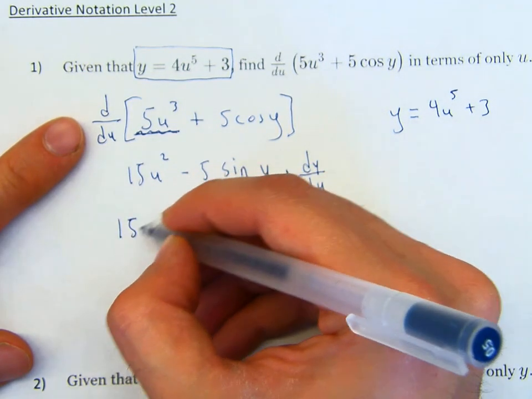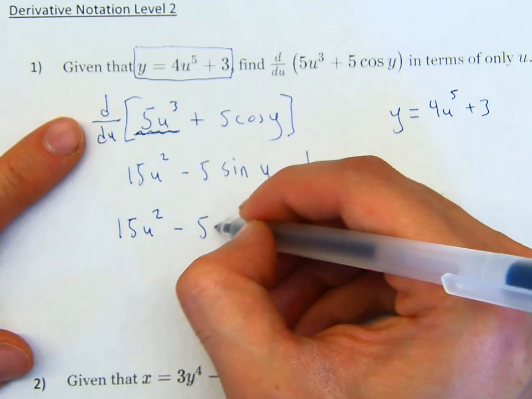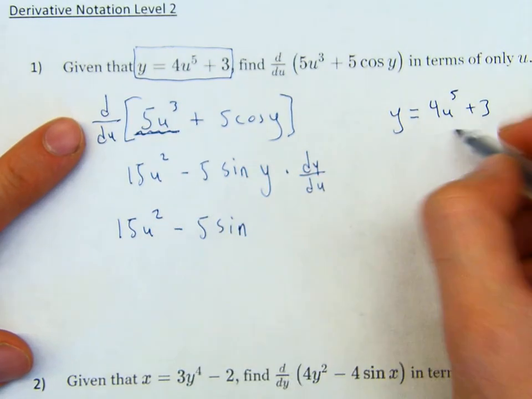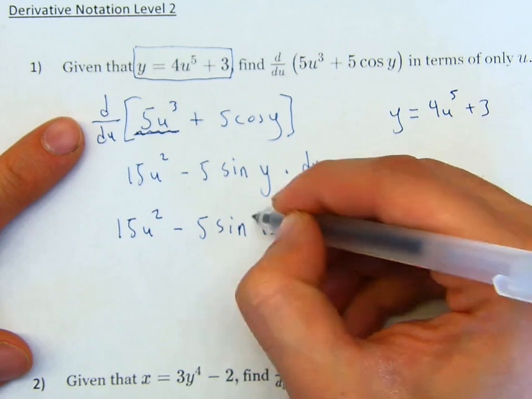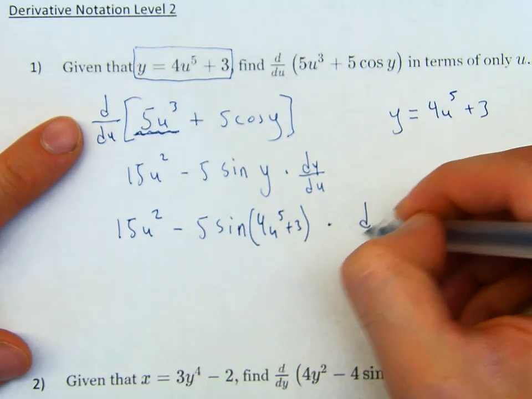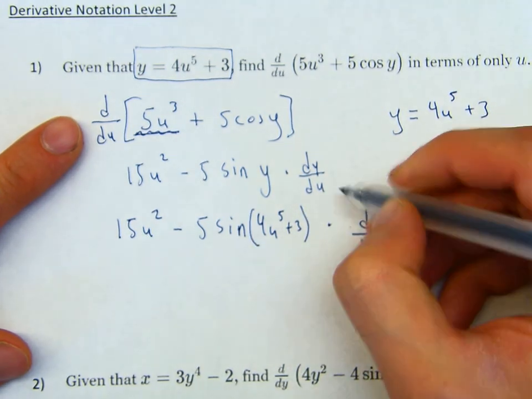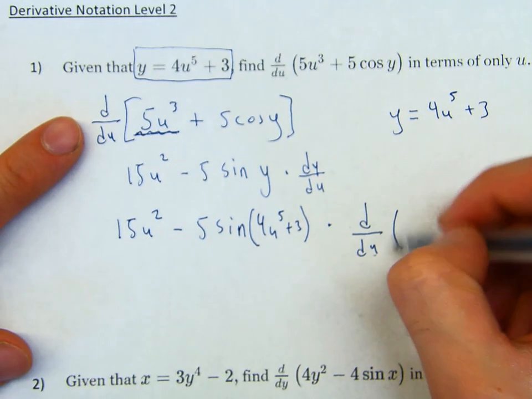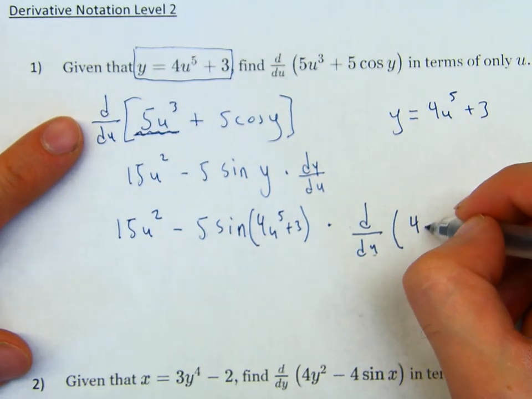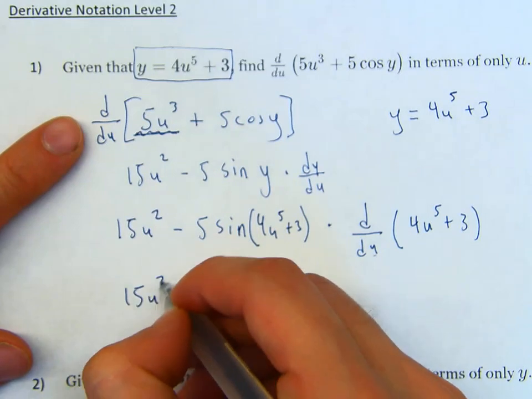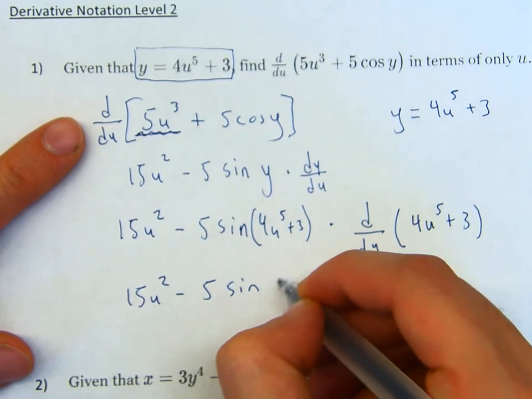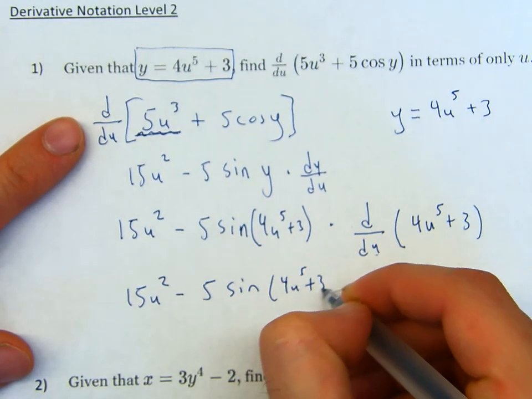So this is 15u squared minus 5 sine of 4u to the 5th plus 3 times d du of this y. You're taking d du of this y of 4u to the 5th plus 3. So then this is 15u squared minus 5 sine 4u to the 5 plus 3.